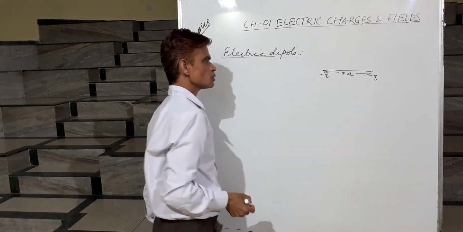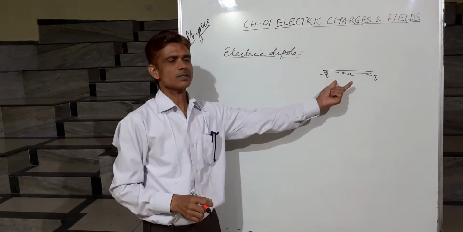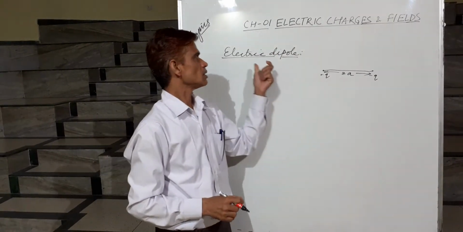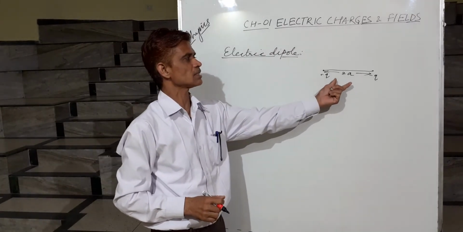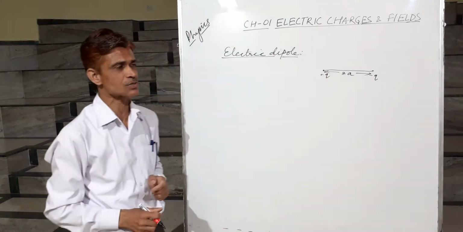The value of the two charges are same. So electric dipole is a system of two equal and opposite charges separated by a small distance.